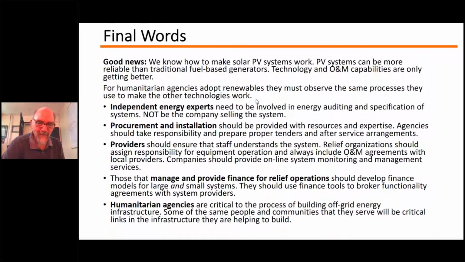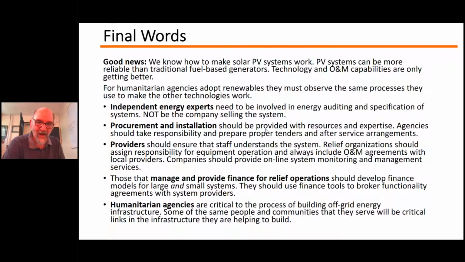Next slide. So the final words. In order to get humanitarian agencies to take up renewables, well, the good news is it does work, but we need independent energy experts, not the company selling the system. We need procurement and installation to be provided with resources and expertise.